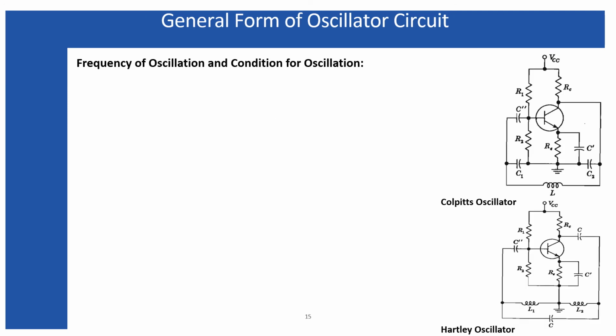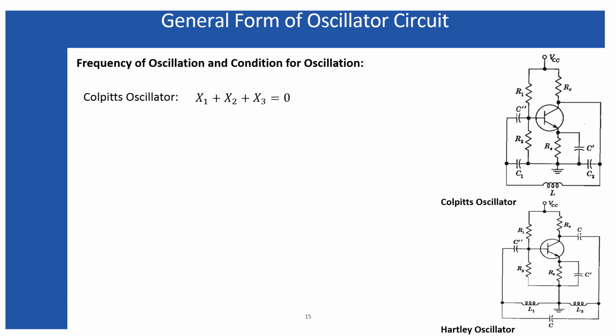Let's find out the frequency of oscillation and the condition of oscillation for the Colpitts oscillator and the Hartley oscillator. So the first one is the Colpitts oscillator. The similar procedure which I used to find the frequency of oscillation for the Wien-Bridge oscillator as well as for the phase shift oscillator, the same steps I have to follow over here.